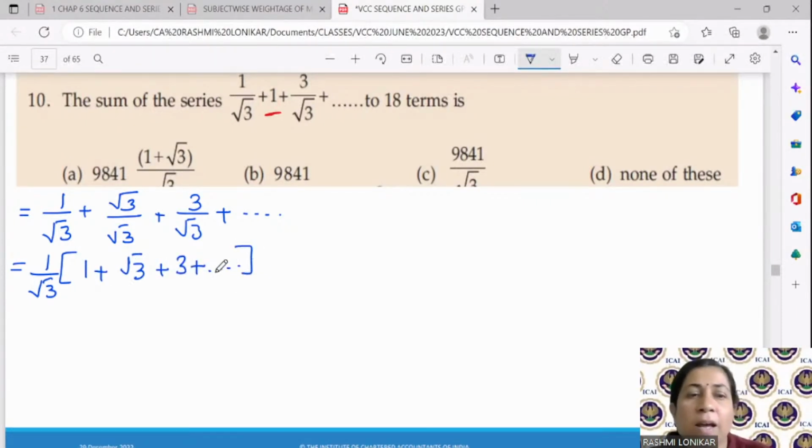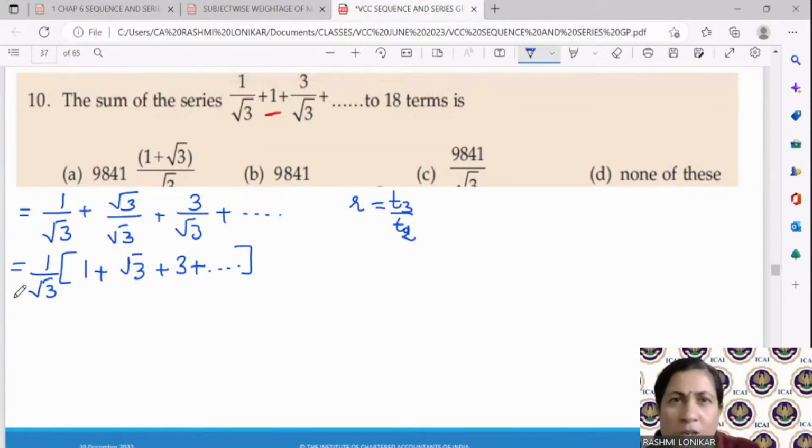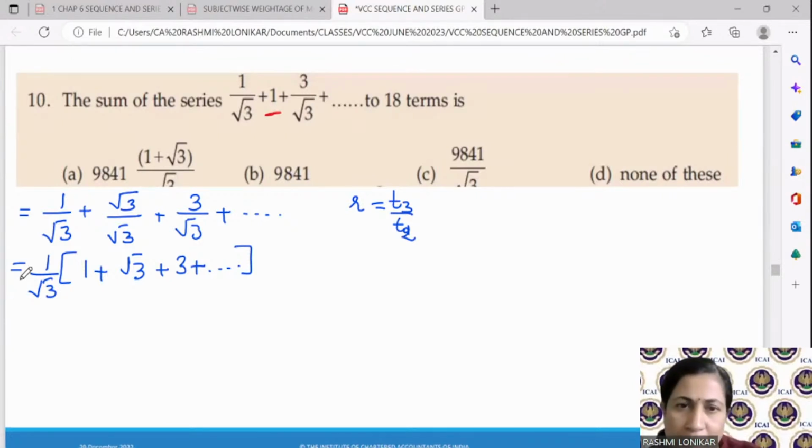Okay. Now I must find R. R is T3 upon T2, sorry. I don't have to bother about the 1 upon root 3. It's outside the bracket. It is already applicable. So I'm just going to concentrate on what is inside the bracket. So T3 upon T2. T3 is 3, T2 is root 3.